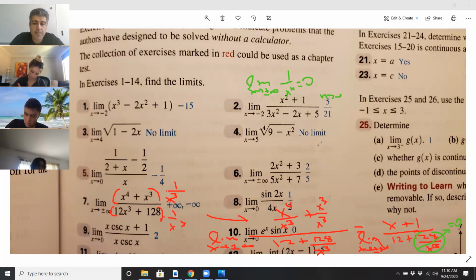So what are you stuck with? x plus 1 over 12. That's a linear function. So what happens when x approaches positive infinity? What do we expect this expression to head towards? Positive infinity. What if it's going towards negative infinity?